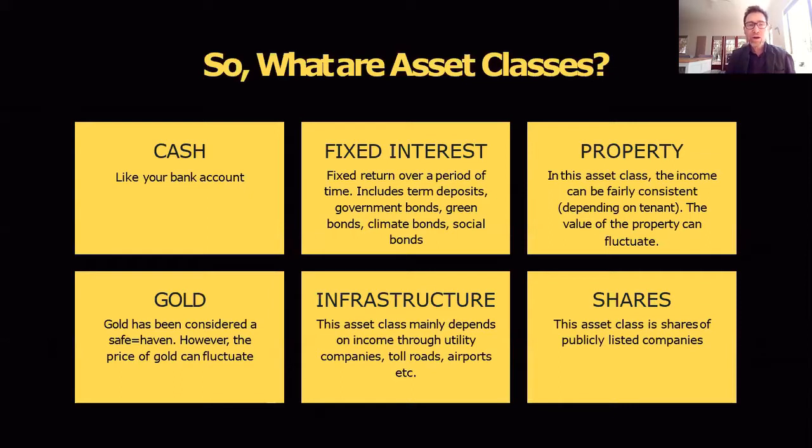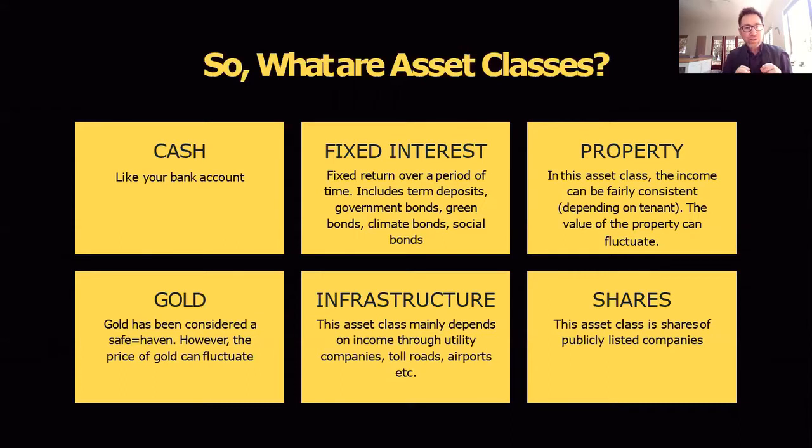Now, ideally, to get the best outcomes for you, it's best to diversify across these different asset classes. And ideally, the correlation between each of these asset classes should be really low, because let's just say that there is some financial volatility in the share market. You don't want it to also be experiencing that in your other asset classes as well. I'll be going through this a little bit later as well.